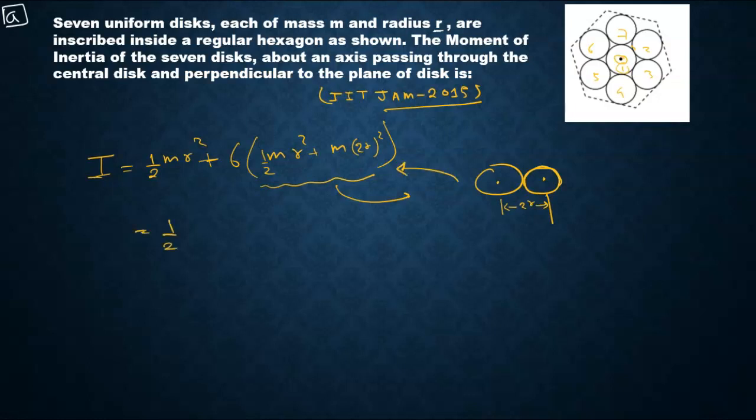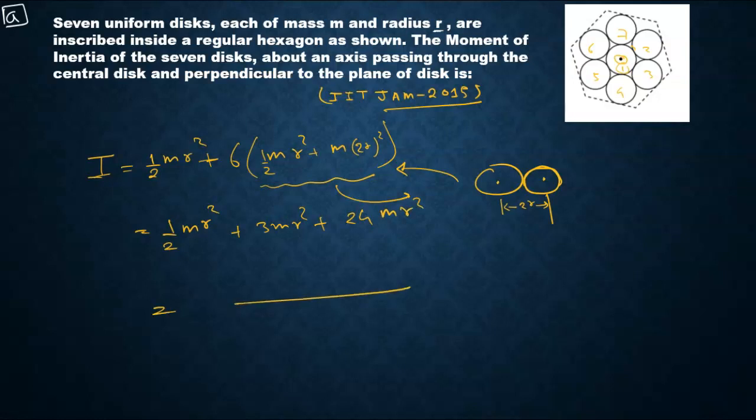So finally we come to half mr square plus 3mr square plus 4 into 6, that is 24 mr square.